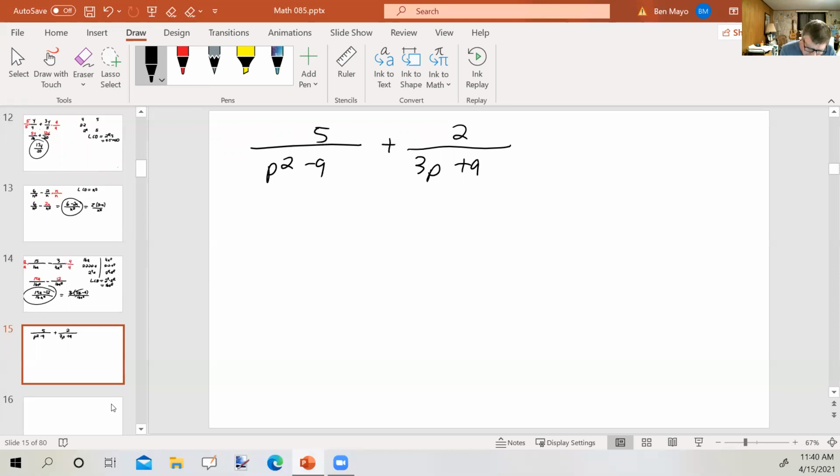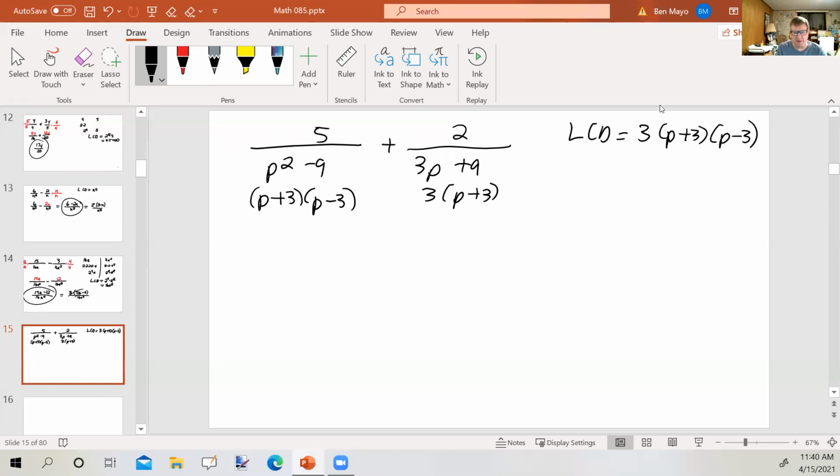P squared minus 9 would be p plus 3 times p minus 3. 3p plus 9 would be 3 times the quantity p plus 3. So my least common denominator, I need a single 3, a single factor of p plus 3, and a single factor of p minus 3.